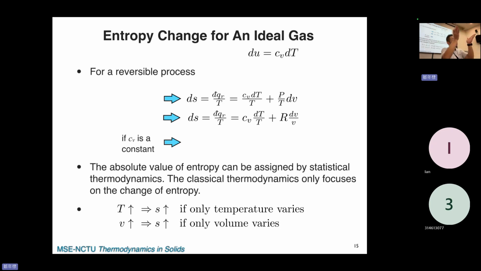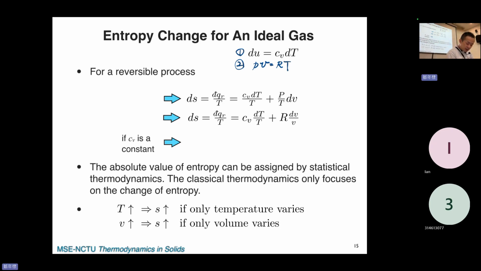But now if we narrow down to the ideal gas, we can introduce two more conditions. The first one, dU equals Cv dT, of course. And Pv equals RT, where capital V divided by m becomes small letter v.